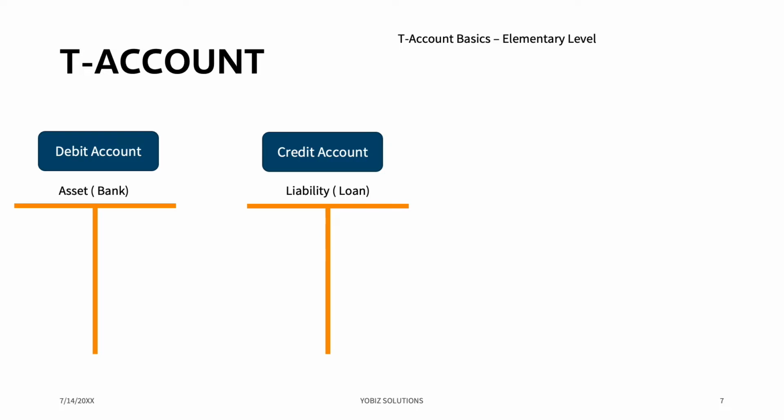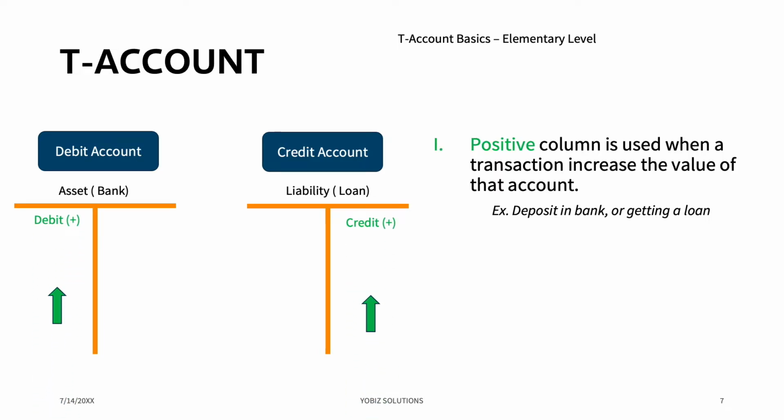An example of a debit account would be an asset, which would be a bank account, while a credit account would be a liability account. And you will see that on the debit type of T account, your debit column is a positive column, versus on the credit side, the credit column is the positive column for a liability account.